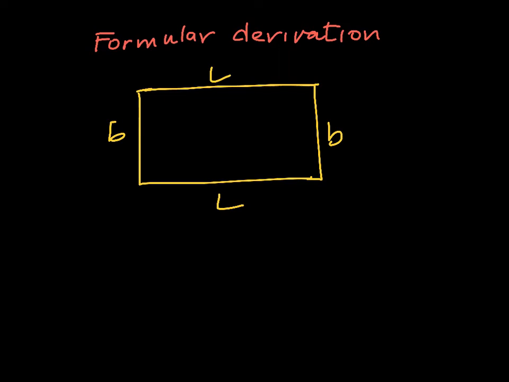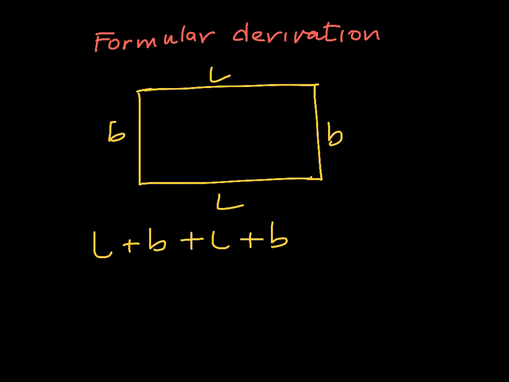To find the perimeter, which is just the total distance around the rectangle, we can just add up all the different distances. We know that is L plus B plus L plus B. Now we can combine things that are similar.